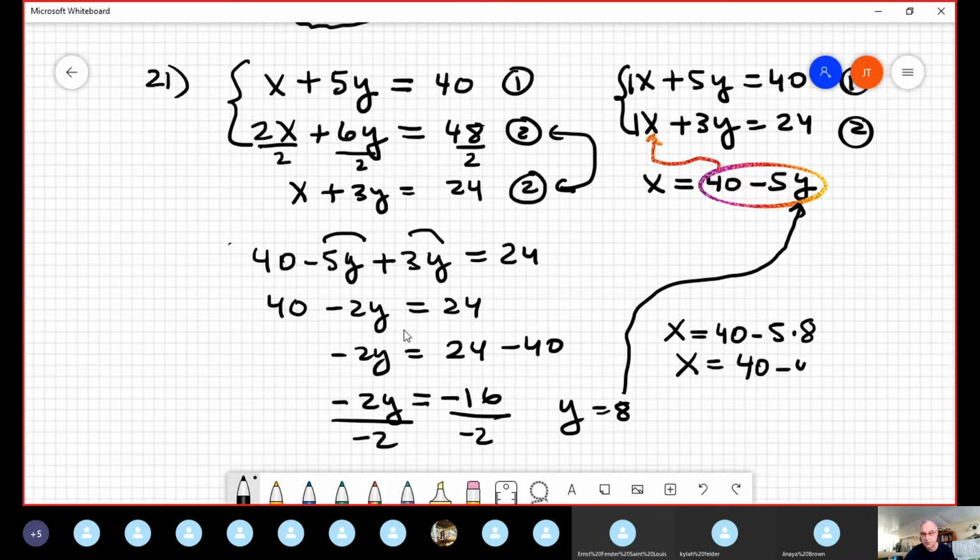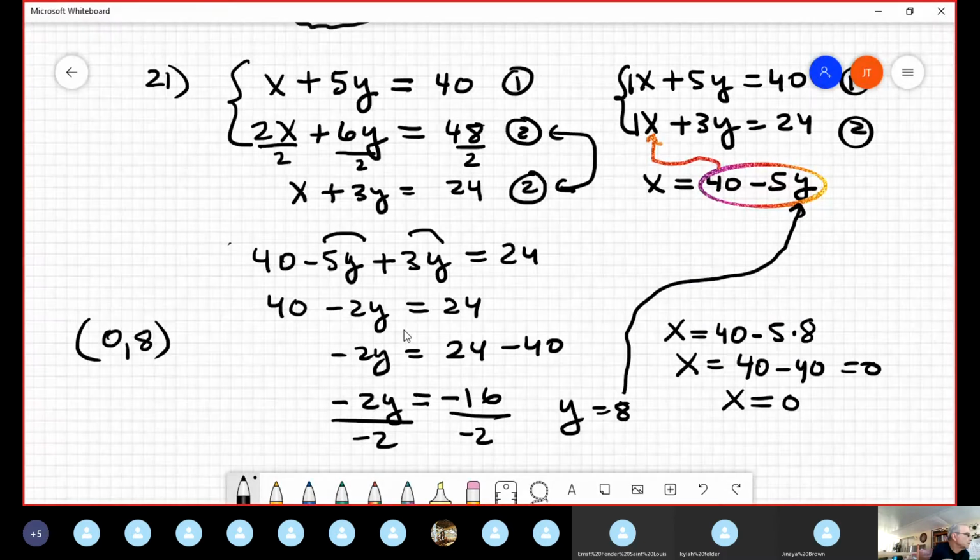It's a coincidence that 40 minus 40 is 0. Therefore, x is 0, and the solution for this system is the ordered pair (0, 8), because the x component is 0 and the y component is 8. Is it easy or complicated? Easy.